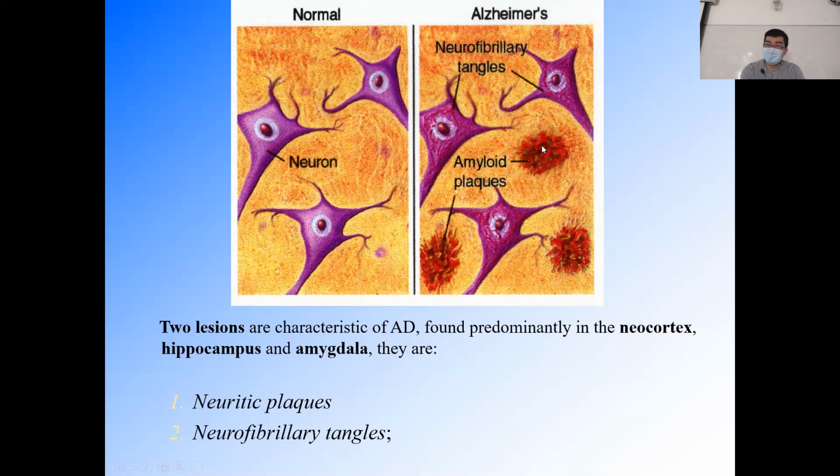That's how the disease was initially characterized. So that's the reason why, in all forms of dementia, if you find patients with amyloid plaques and neurofibrillary tangles, that means this is Alzheimer's disease.